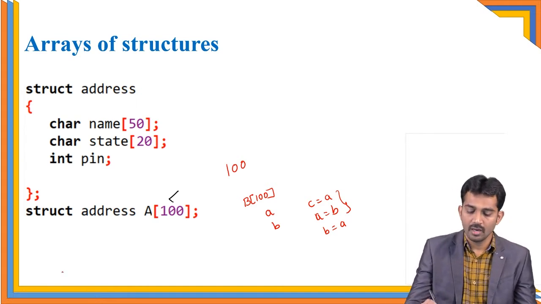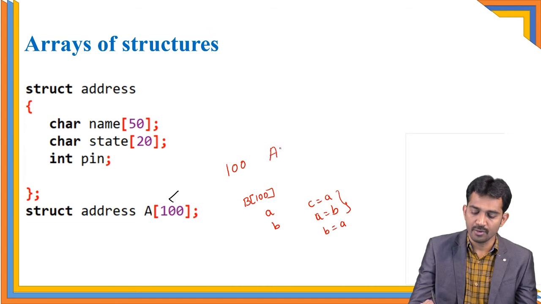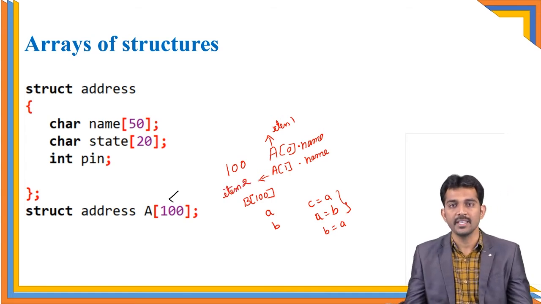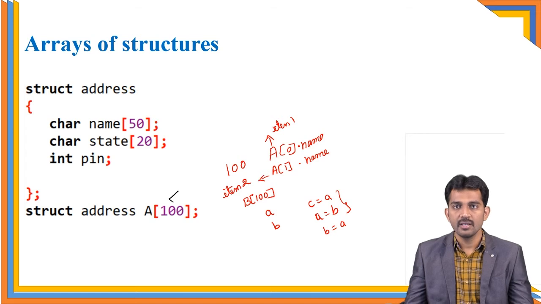A of 0 acts as the first structure. A of 0 dot name, and A of 1 dot name are different: this is item number 1, and this is item number 2. Item may be anything. Is this clear? This is the way you are going to work with an array of structures.